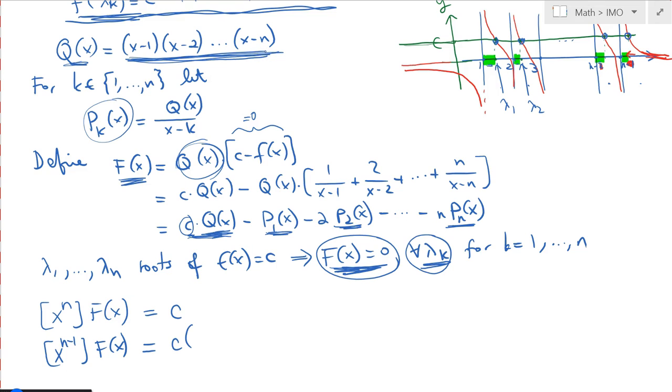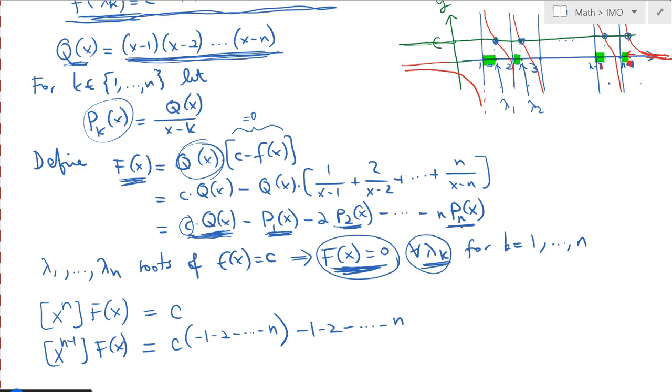If you just focus on this expression, it would be just minus 1 times all the x's, minus 2 times all the remaining x's, and so on. So that basically it is just minus 1 minus 2 all the way to minus n. And then the coefficient of x to the n minus 1 in each of these remaining terms is just 1, but there are the coefficients 1, 2 all the way to n, so you get a minus 1, minus 2 all the way to minus n.